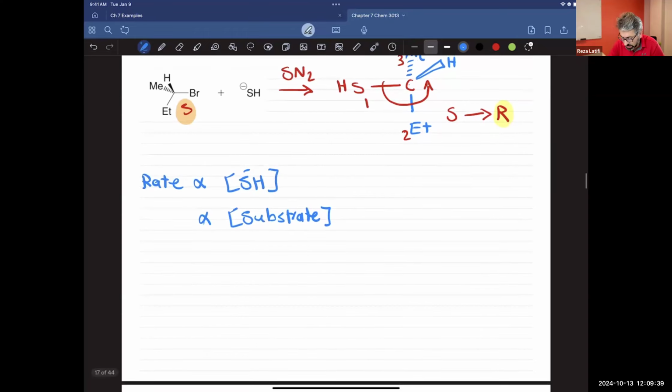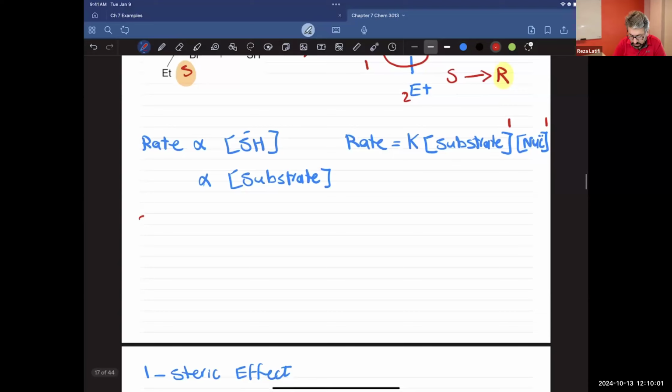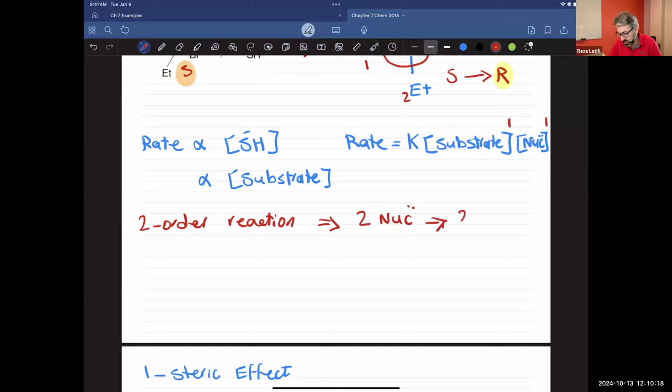Rate of the reaction is equal to K multiplied by the concentration of the substrate, or the alkyl halide, multiplied by the concentration of the nucleophile. From each, I have 1, 1, so this reaction is a second order reaction. Because it's second order, if you double the concentration of the nucleophile, then the rate will be 2 times faster.